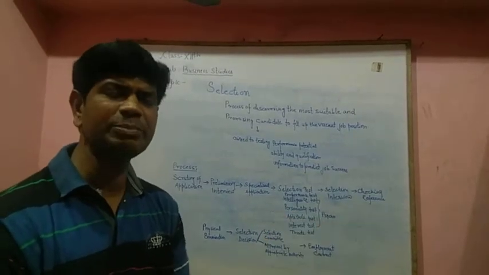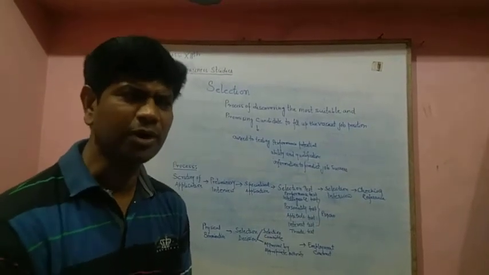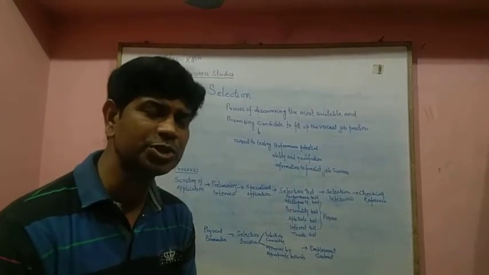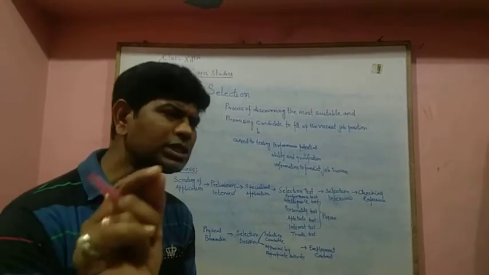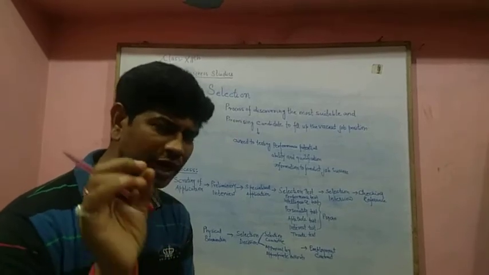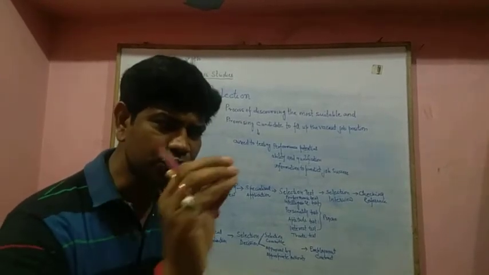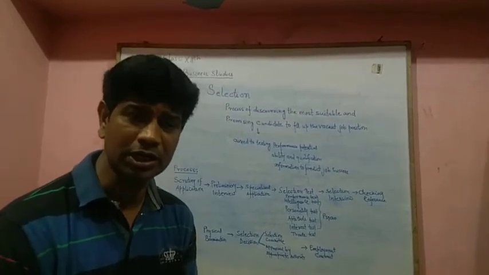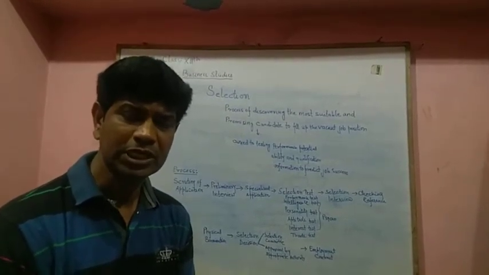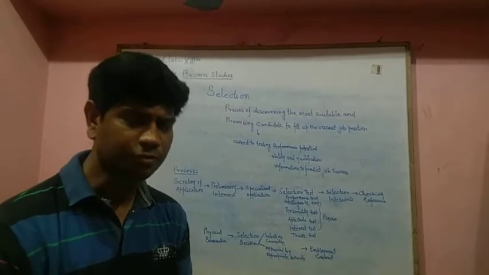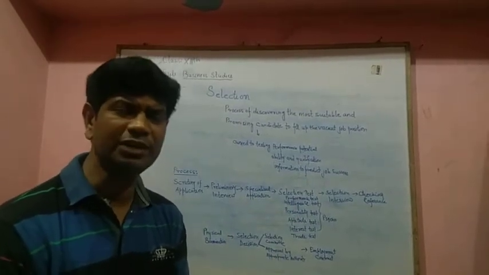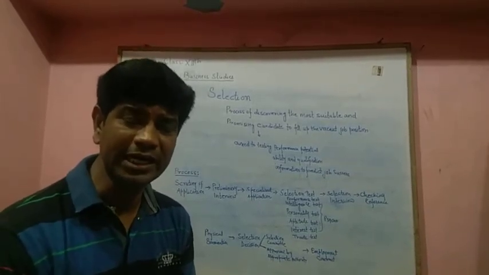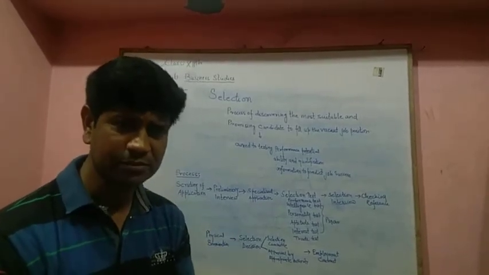So the first step is to find out from among the number of applicants only those applicants whose qualification matches the job qualification that we require in the organization. The qualification needed for a particular job and the qualification and capabilities narrated by the candidate in their applications must match.